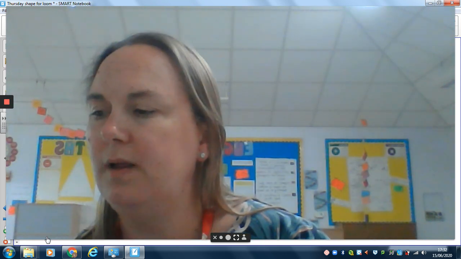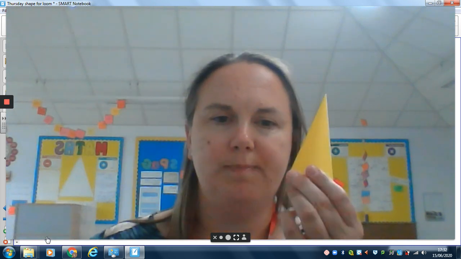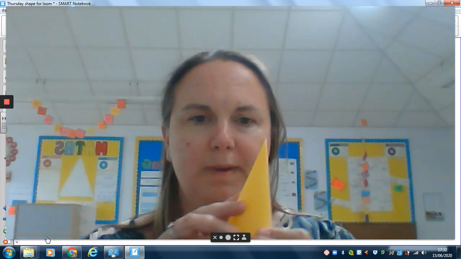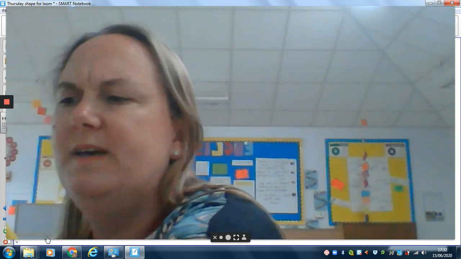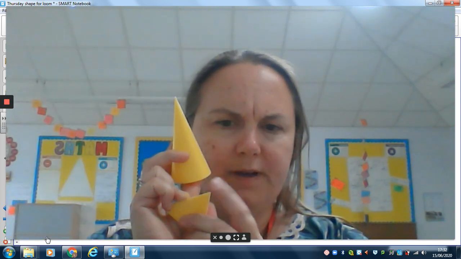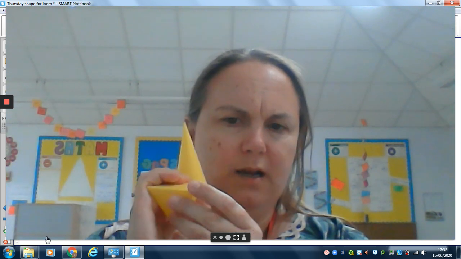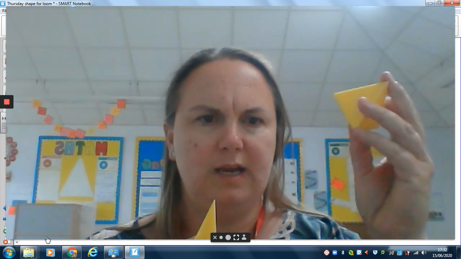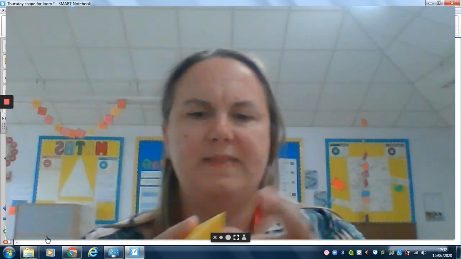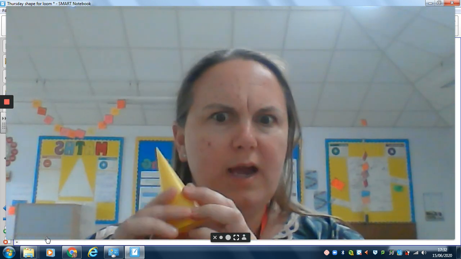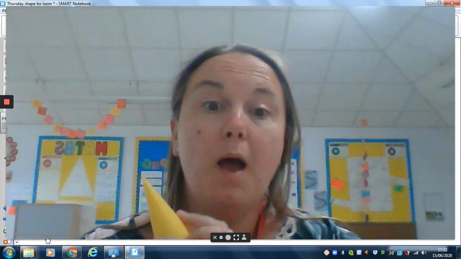Now, this one is a bit tricky because people see this pointy bit and they think vertices are often really pointy, like on our tetrahedron here, or our triangular-based pyramid. And they see this pointy bit on the cone, they go, oh yeah, that's a vertex. But it's not.